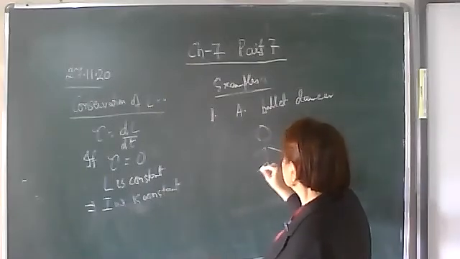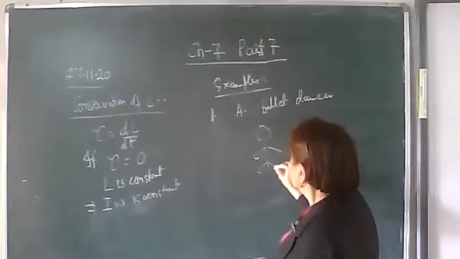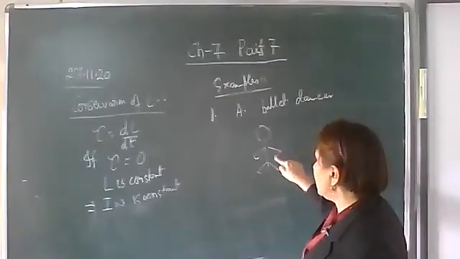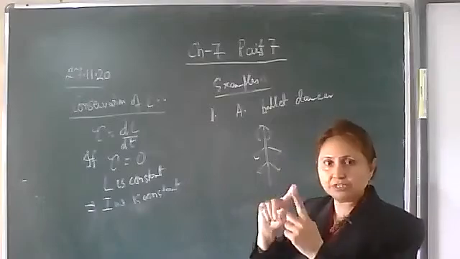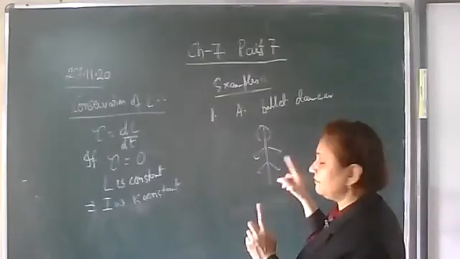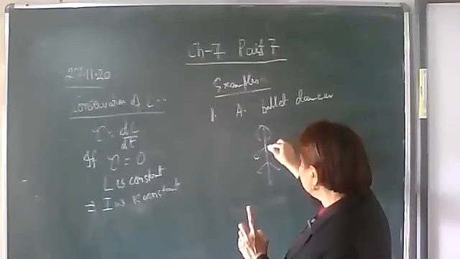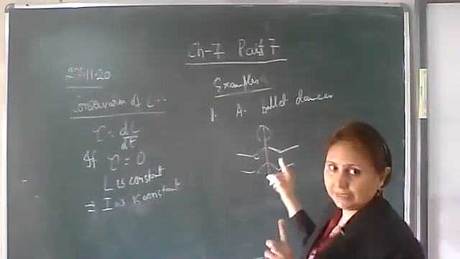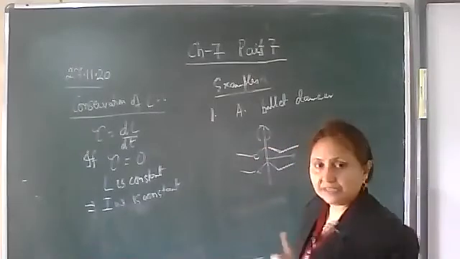This is a ballet dancer, with arms and legs. This is the axis of rotation. They are rotating about their center. When they stretch their arms and legs, what happens? R increases.